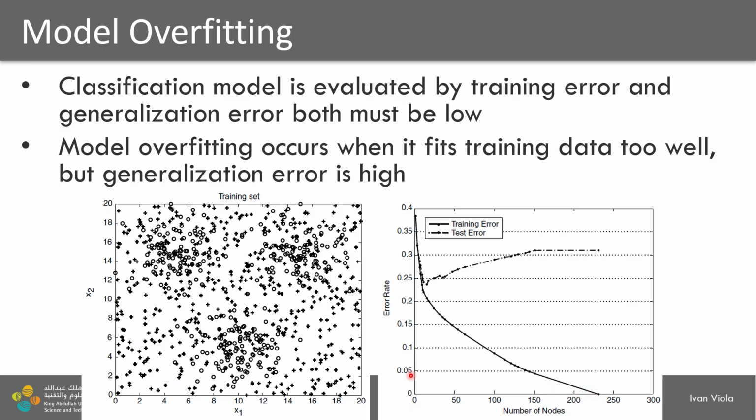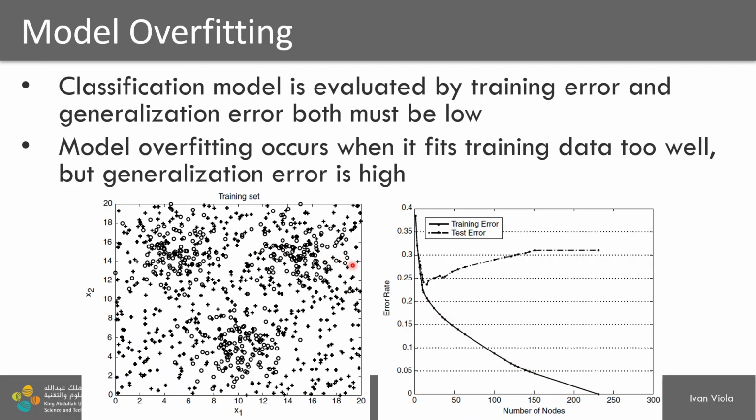Now, if we add a new test point, we will with high likelihood classify it wrongly, because we have heavily overfitted our classifier to the training set, and all the new points are not really considered.